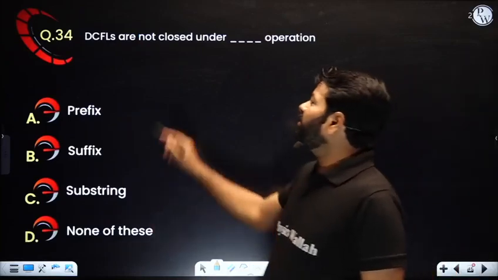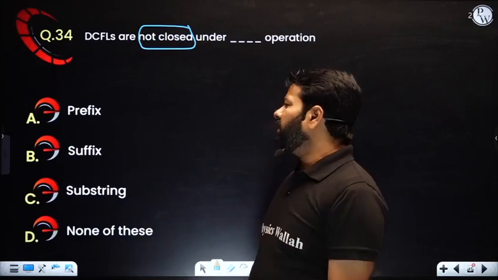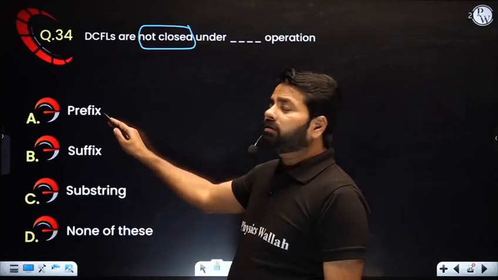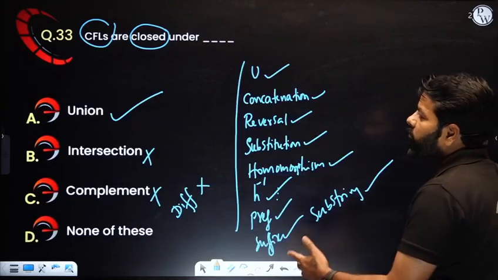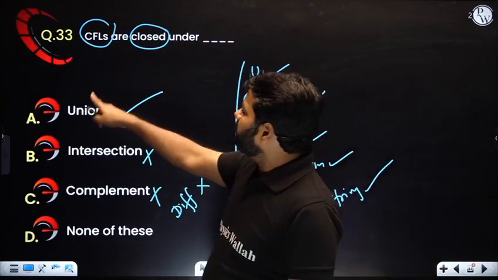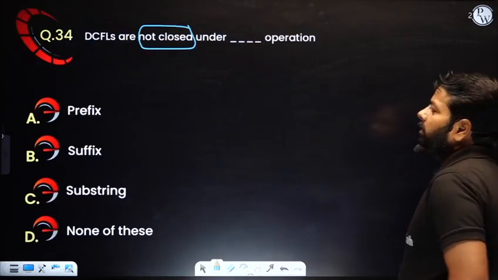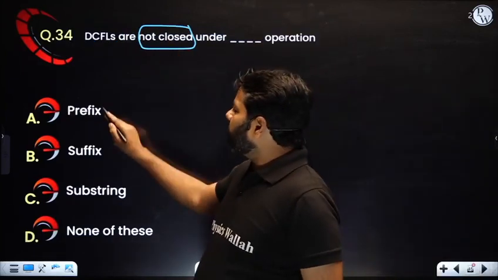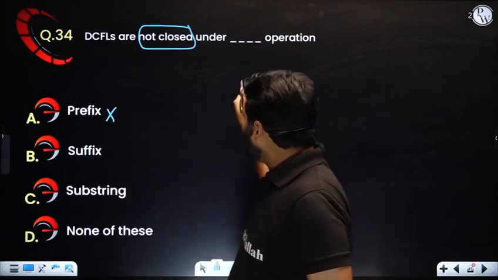Now I am talking about not closed. Not closed is a very big list, except for everything else. Like, prefix is a closed one. Did I mention correctly? The CFLs are closed, right? Union is closed. Now DCFLs are not closed. Prefix is closed, so you can't choose it. Don't assume the cross mark is not closed.